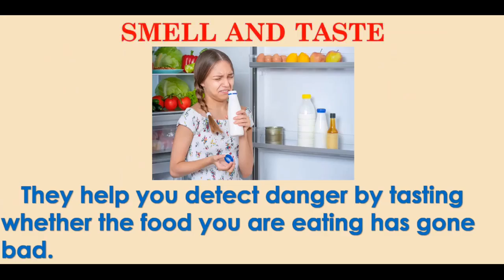Smell and taste. Smell and taste are closely linked. The taste buds of the tongue identify taste, and the nerves in the nose identify smell. They help you detect danger by tasting whether the food you are eating has gone bad.